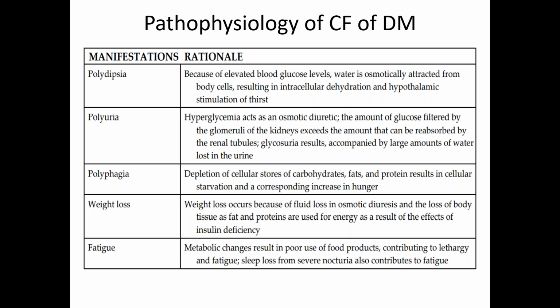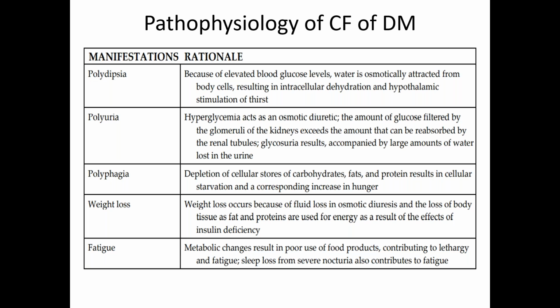Polyphagia is increased appetite. Depletion of cellular stores of carbohydrates, fats and proteins results in cellular starvation and corresponding increase in hunger. Insulin is an anabolic hormone. It causes synthesis of carbohydrates, that is glycogen, fats and proteins.